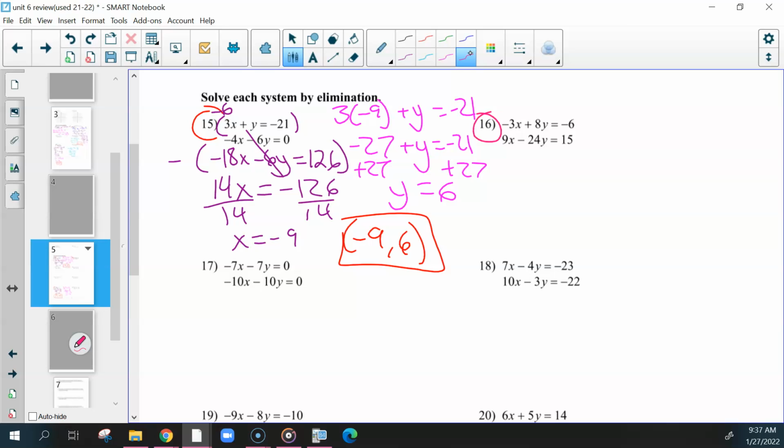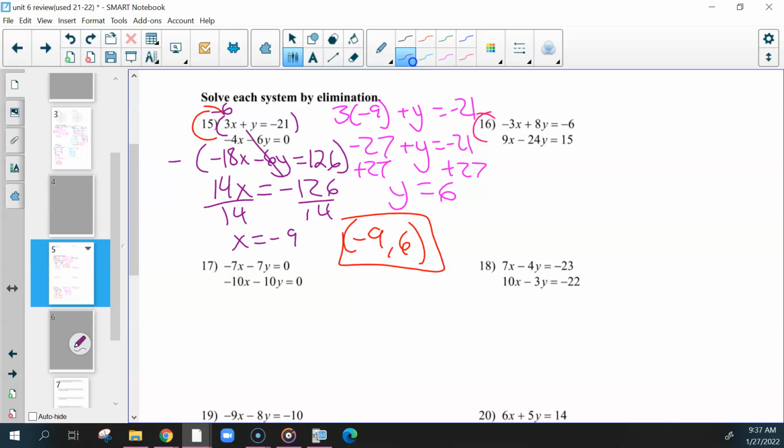Right. For 16, do we have a common coefficient? No. We have to make one. Do we want to eliminate our x or our y first? Okay. So for x, we would need to make these both the same. Multiply the first by -3? Sure. You could make these a bunch of different things.